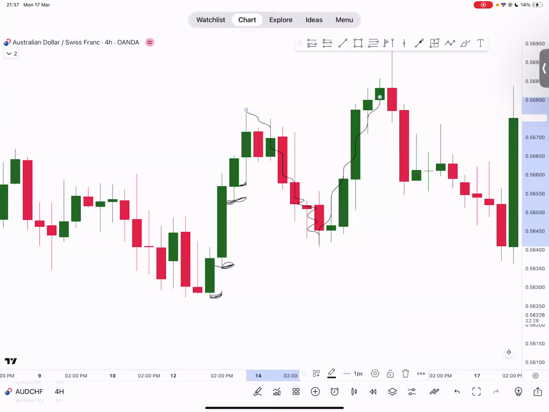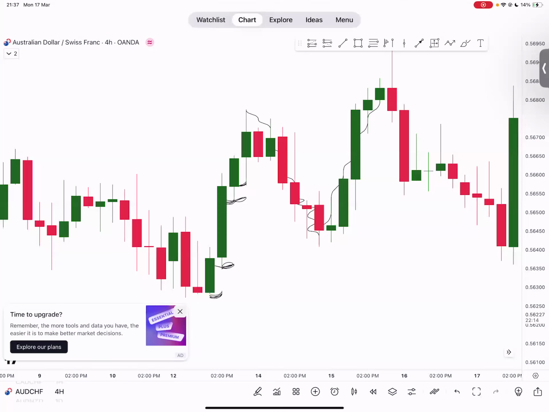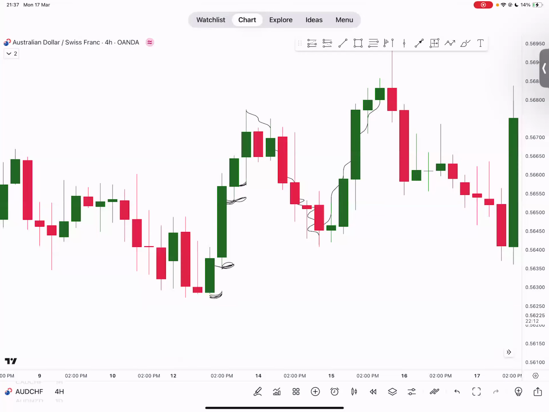So these imbalances are just like price magnets. They attract price to them, because every time the price creates those imbalances, it always comes back in the opposite direction to fill the imbalance created.